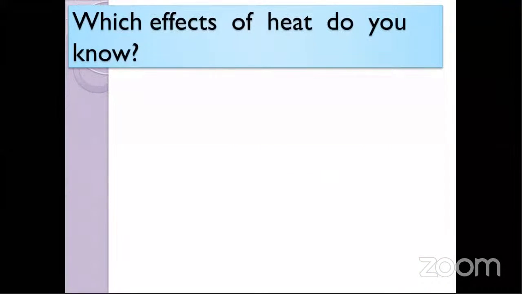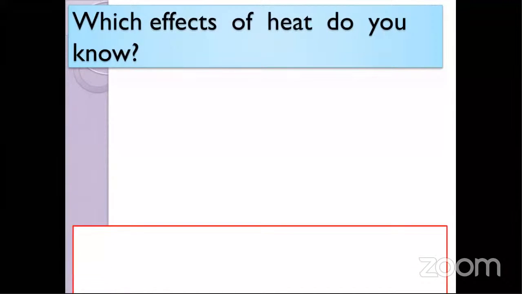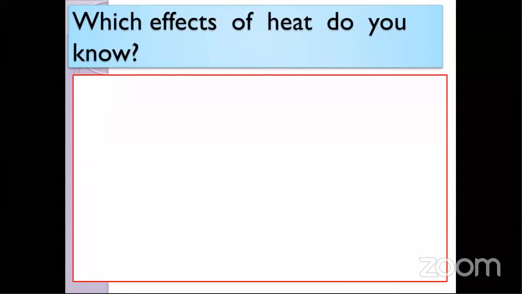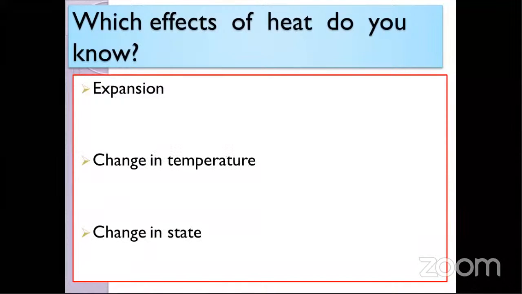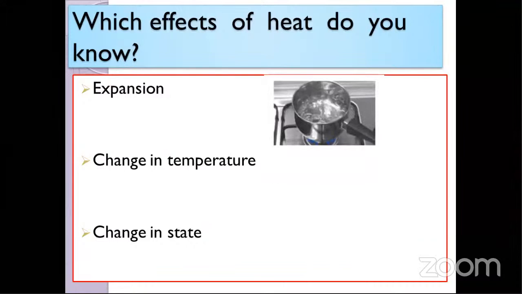Which effects of heat do you know? There are many effects shown in the picture. See here. Let's learn one by one: expansion, change in temperature, change in state. Let us see here. When heat is provided to a substance, the molecules gain or absorb energy and vibrate and force other molecules apart, and as a result expansion of a liquid or a substance takes place.